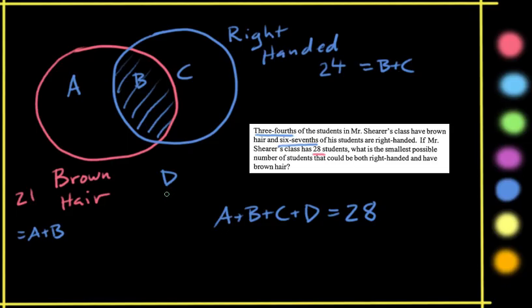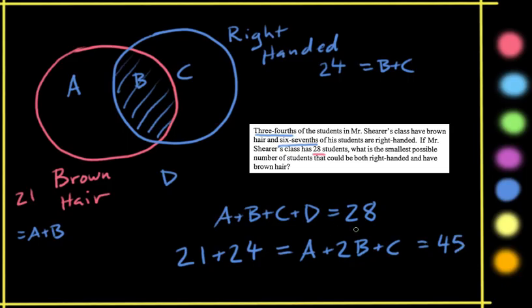So one thing you can see is that 21 plus 24 is equal to A plus 2B plus C. And so that's equal to 45.